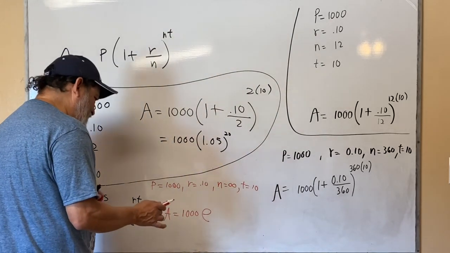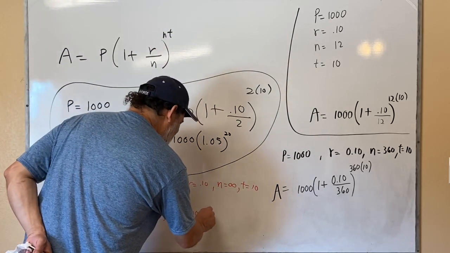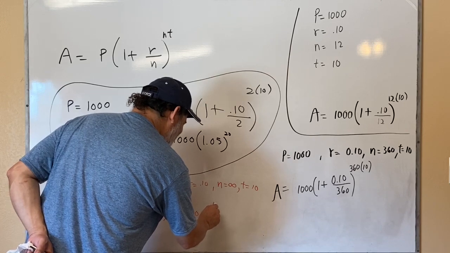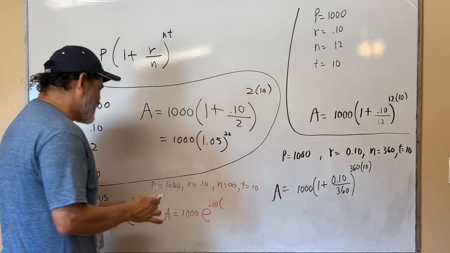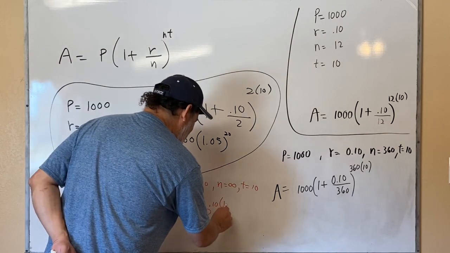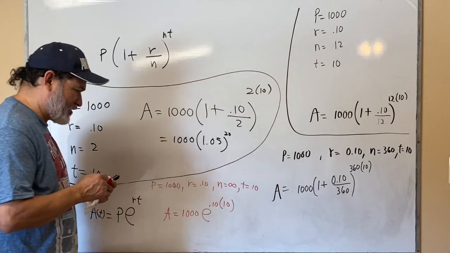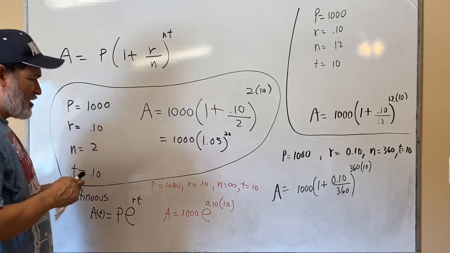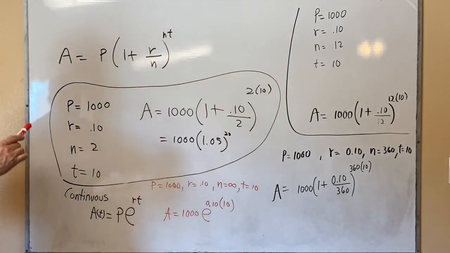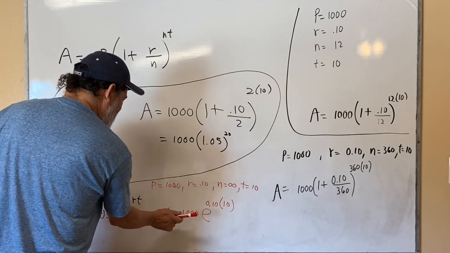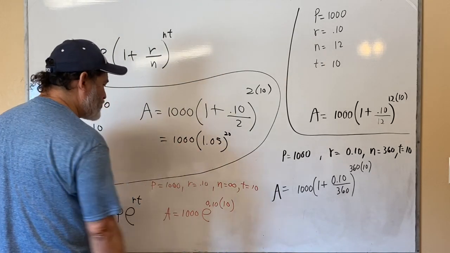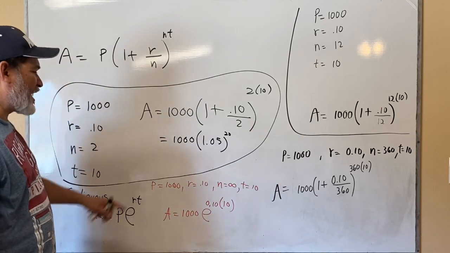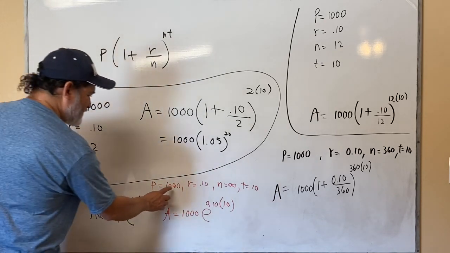Everybody knows that by now. And the rate is 0.10 times the number of years, which is 10 years. Okay? So E raised to the 0.10 times 10. And guys, this is going to give you the best amount you can make for your $1,000, okay?